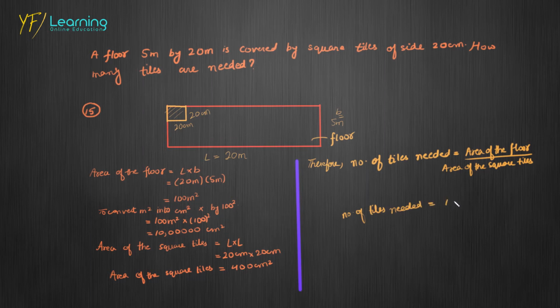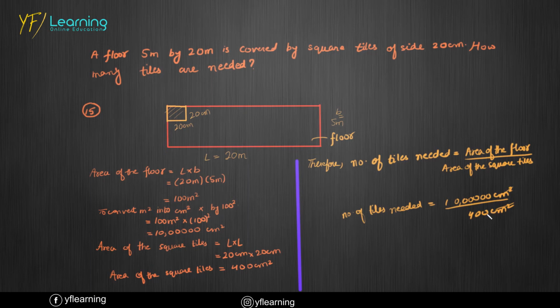Okay, number of tiles needed: the area of the floor is 10 lakh centimeter square and the area of the square tiles is 400 centimeter square.